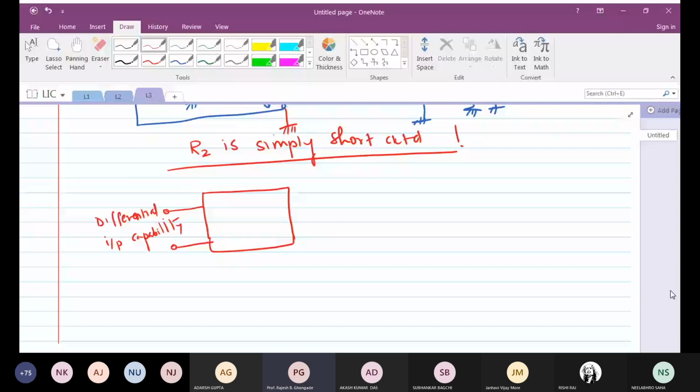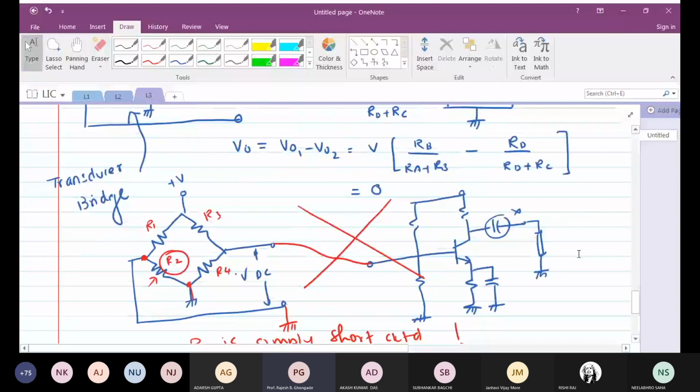Also, it happens that because of the temperature variations, the collector voltage in case of single stage common emitter amplifier will also be affected.